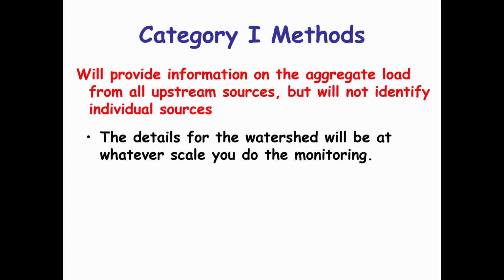So if you're monitoring at the outlet of a 5 square mile watershed, you'd be able to say from your estimate what the load is coming from that 5 square mile watershed. You will not be able to say where within that 5 square mile watershed the load is coming from. That would require additional analysis, which I will discuss later.